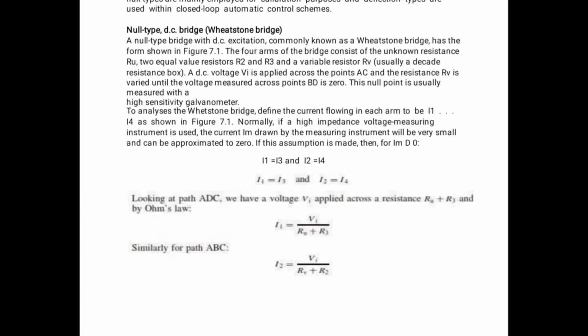Looking at A and C, we have the voltage applied across the resistance values R2 plus R3, and by Ohm's law, I1 is equal to V1 divided by RU plus R3. Similarly, for A, B and C, I2 is equal to V1 divided by RV plus R2.